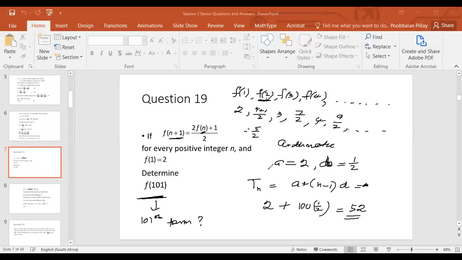It's not obvious. The flaw is that I am saying this is an arithmetic sequence on the basis of just looking at the first few terms. I'll come to the conclusion that every term is obtained by adding a half to it. I don't know that. I only tried very few here. The fact that it's working here doesn't mean that it's going to work even at the millionth one.